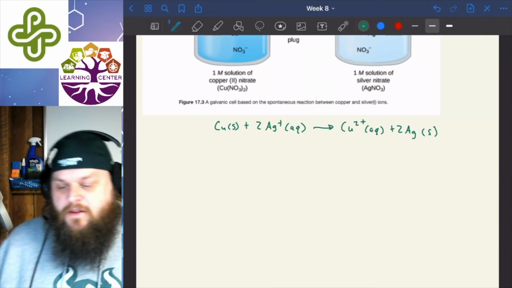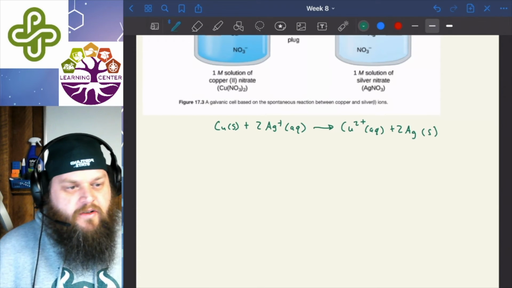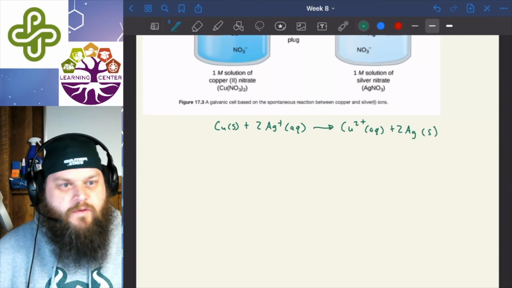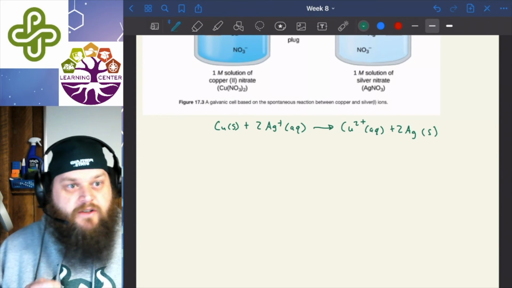And notice the copper is losing electrons, becoming more positively charged. So it's going to be an oxidation reaction because oxidations lose electrons. The silver is gaining electrons, so it's going to be a reduction reaction.